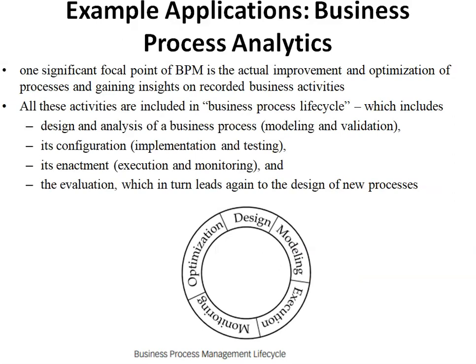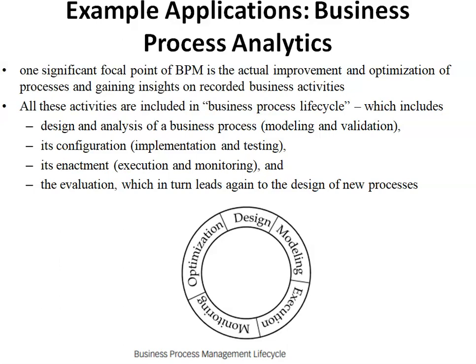One significant focal point of the business process model is the actual improvement and optimization of the processes and gaining insights on recorded business activities. Improvement of the processes means optimizing the processes, and it gains insight from the activities being performed.